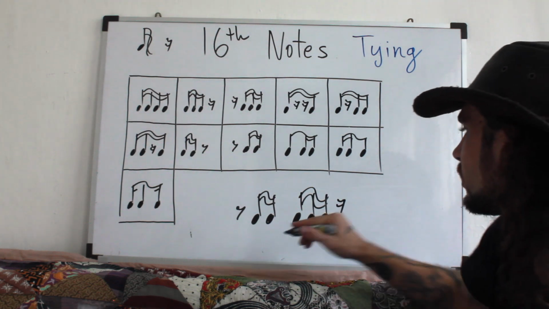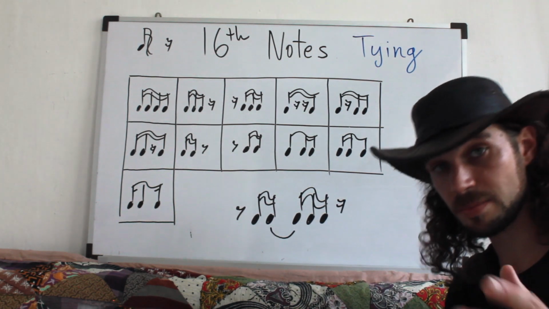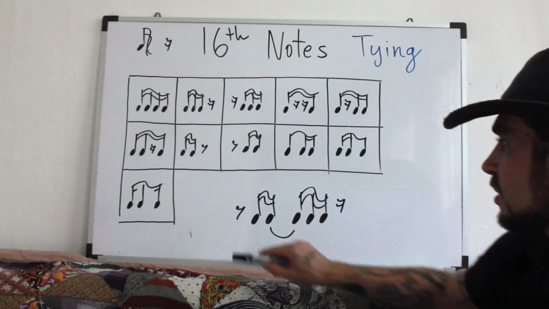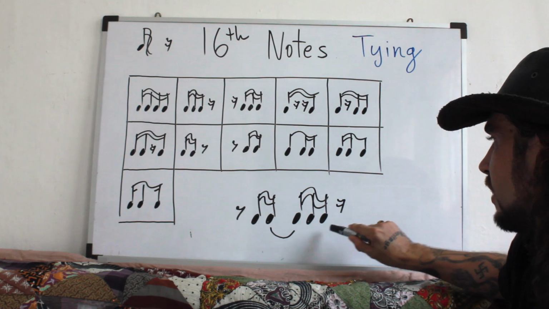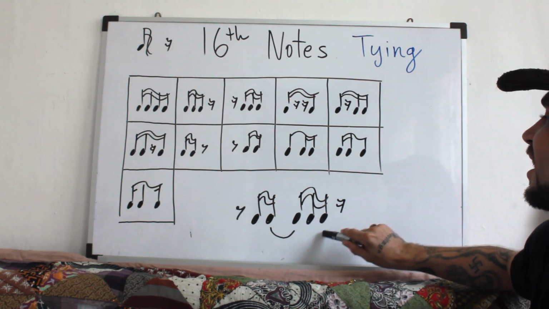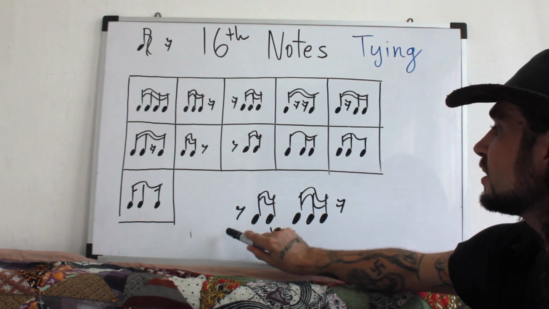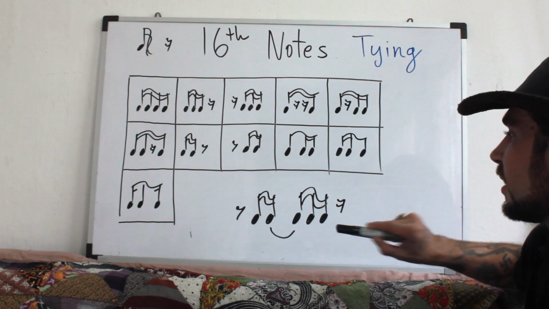Okay, so now we're going to tie these 2 together, and this will sound something like this. So rest, ta ta ta ta rest, rest, ta ta ta ta rest.